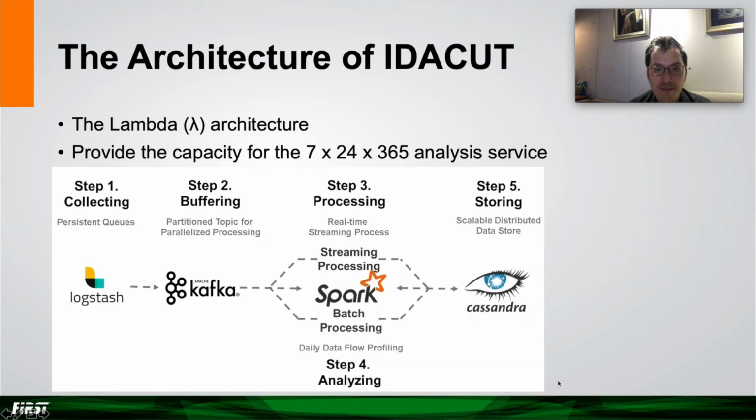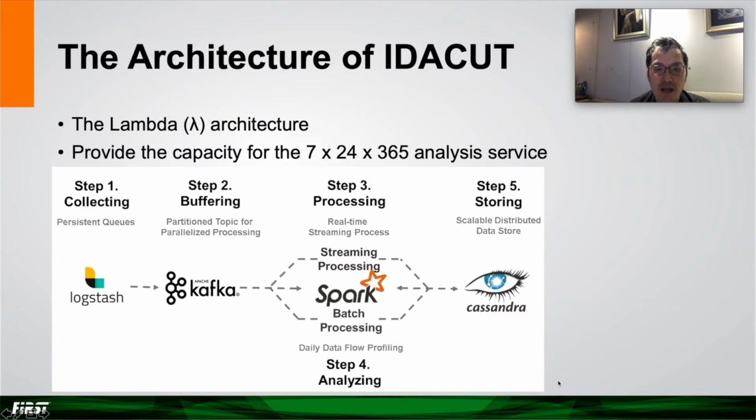Fortunately, in order to provide analytical capabilities, we have established a Lambda architecture. First, we leveraged the modern ELK model, and we use Logstash for log collection and Kafka as the buffer. The partition topic is used for parallelized processing.